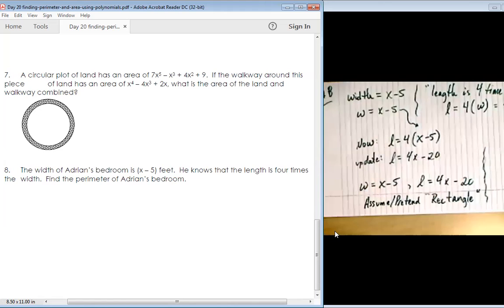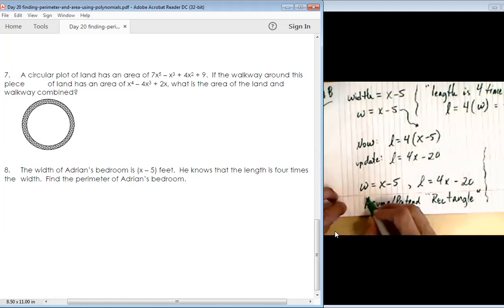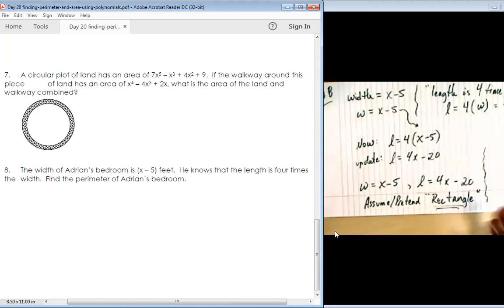Because of this, it's going to be a rectangle. Or a rhombus, a weird shape, but we'll keep it like this. We're going to assume, if it doesn't say, look at my classroom, or at home, look at your kitchen. What's the shape? Pretty much a rectangle, right? So that's what we'll use to finish off this particular question.